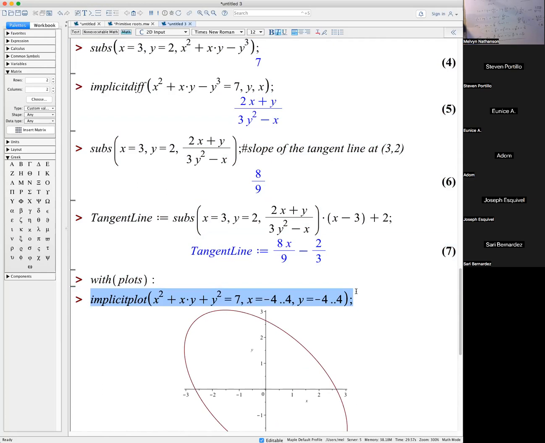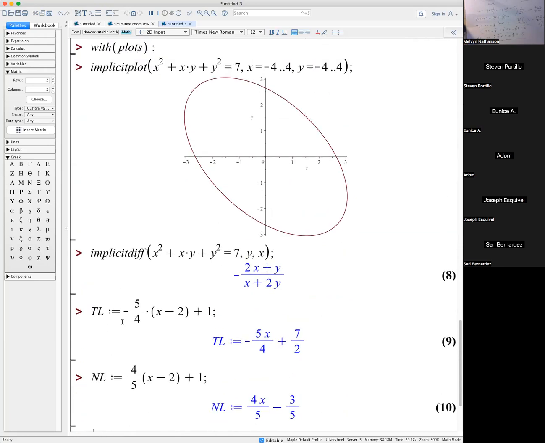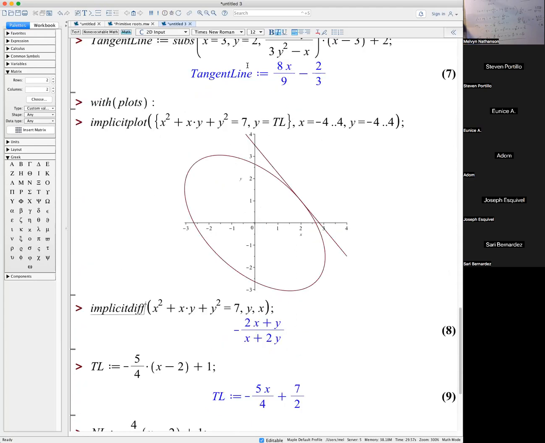And now, let's see what happens. Let's introduce these tangent lines. Let's see, maybe I can just do it here. So here is my curve. And I want to put y equal to the tangent line. Wow.